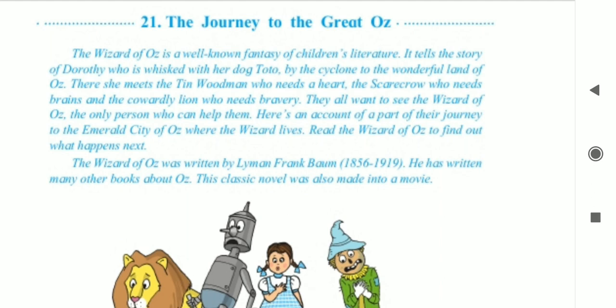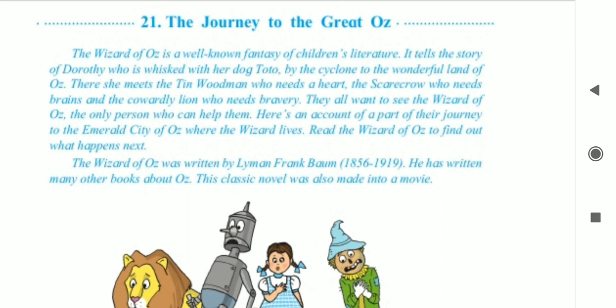This classic novel was also made into a movie. Baum has not only written the novel, but this particular story has been converted into a movie. If you want, you can search this name on YouTube and you can see the entire movie over there.